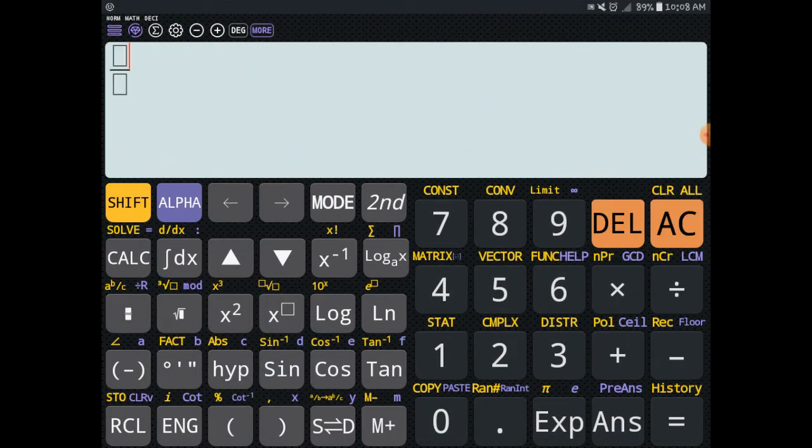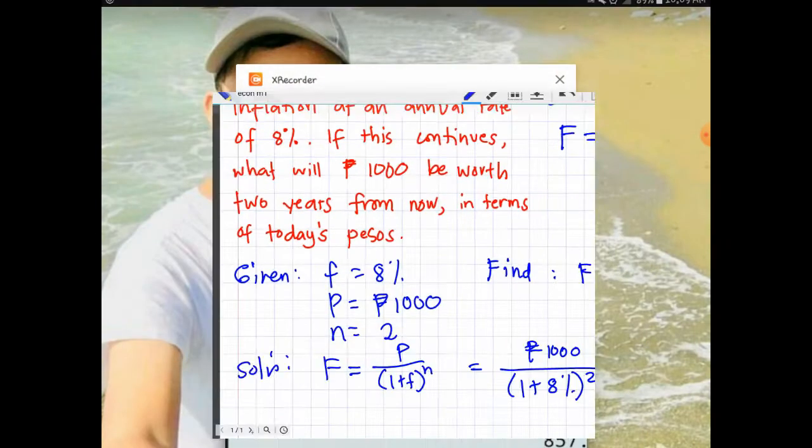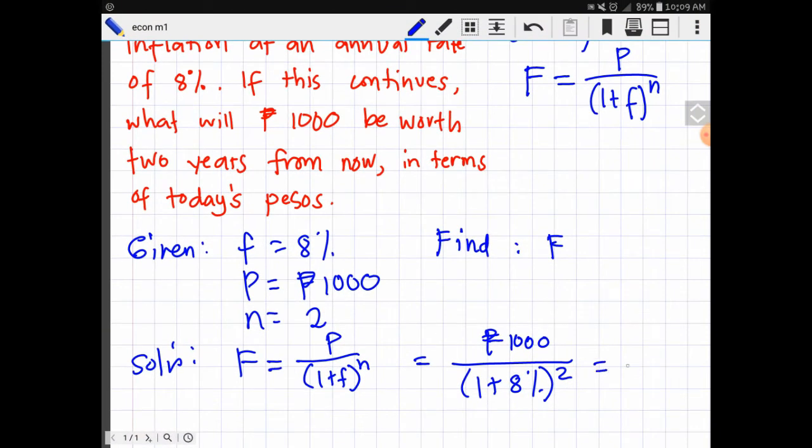So that would be 1,000 divided by quantity 1 plus 8%. Ayan, 8% close quantity raised to 2. And we will get the answer, 857.34 pesos. Okay? So our value here is 857.34. Of course, may peso sign yan. Okay?